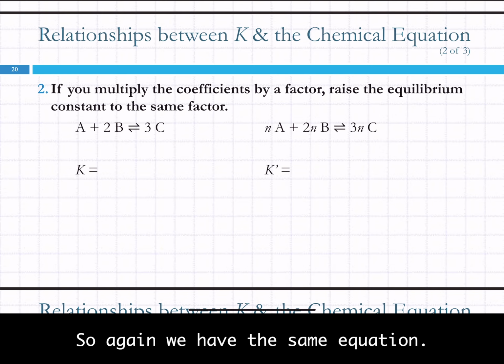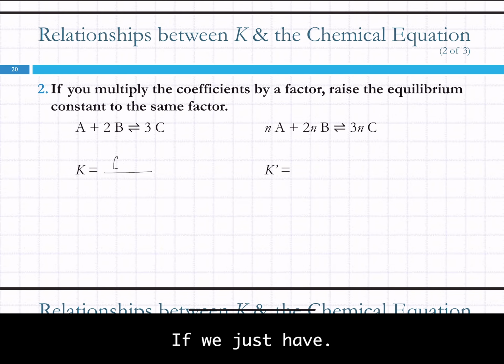So again, we have the same equation. If we just have C to the 3, A, B to the second.